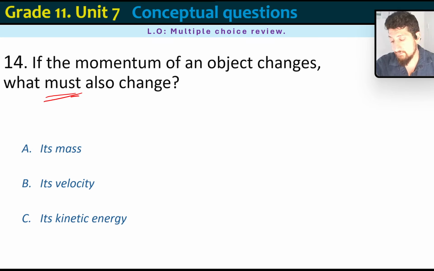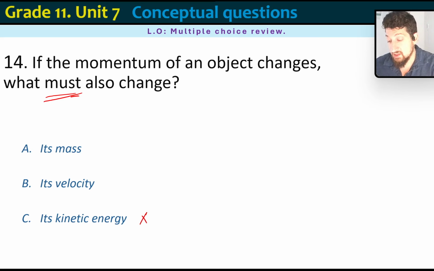The kinetic energy does not have to change, but we're not doing kinetic energy, but these questions came from a certain place, so I couldn't get rid of everything about energy. The kinetic energy will only remain conserved in a perfectly elastic collision. But if it's a perfectly elastic collision, then that means the kinetic energy will not change. It says here must change.